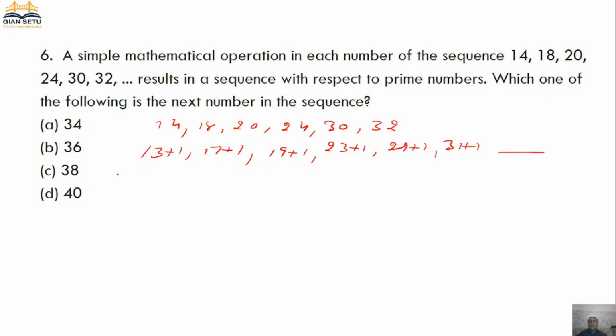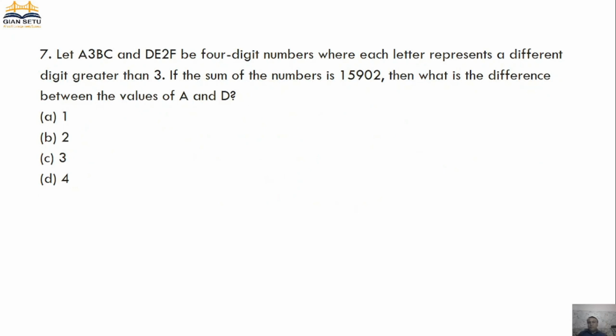Now we see that these numbers are prime numbers: 13, 17, 19, 23, 29, 31. The next prime number in the series will be 37, and the next number in the given sequence will be 37 plus 1, 38. Okay, so right answer is C here. Let's move to question number 7.